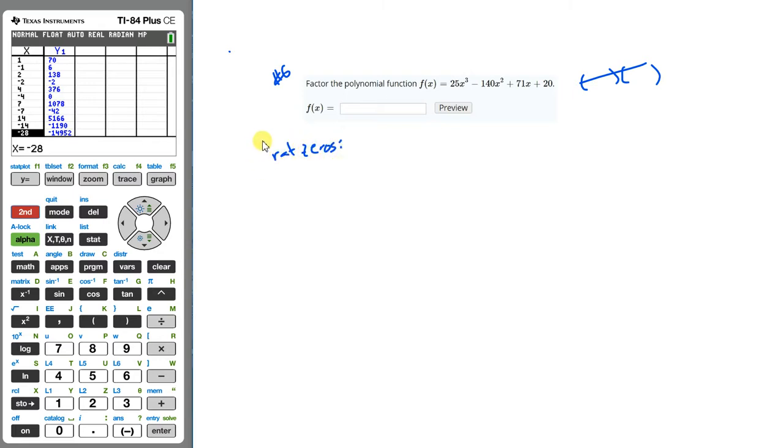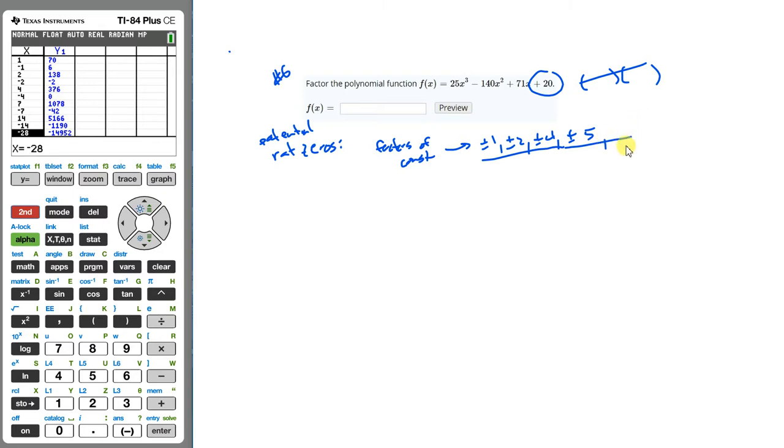So the potential rational zeros are going to be in the following list. It's going to be the factors of the constant term. The constant term is 20. What are the factors of 20? Plus or minus 1, plus or minus 2, 4 goes in, right? 5 goes in.